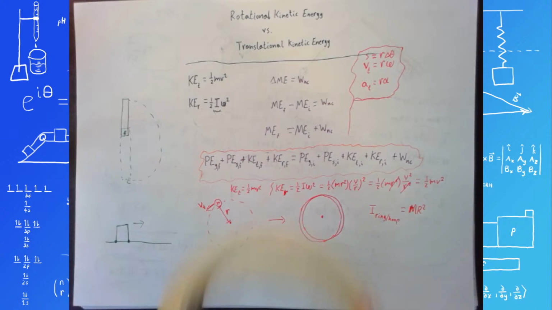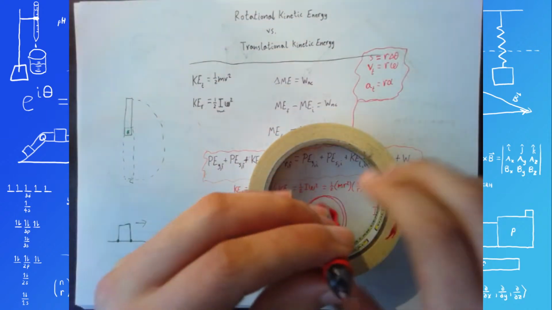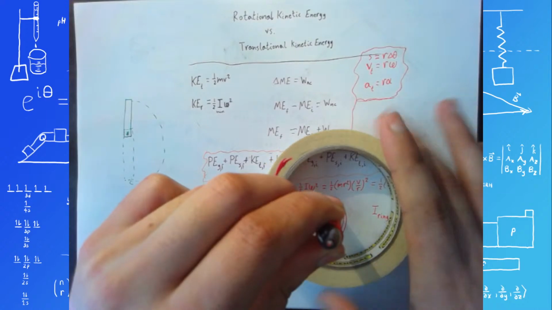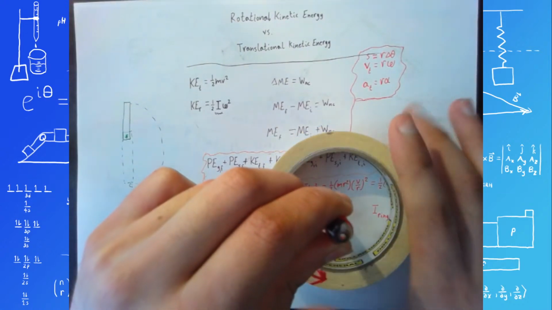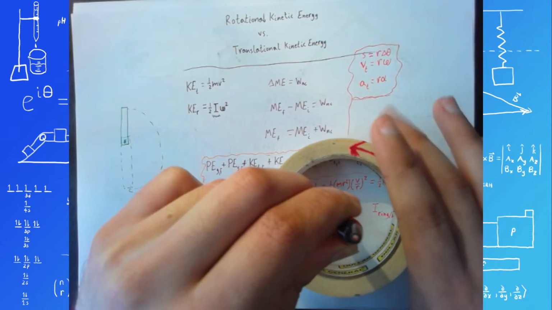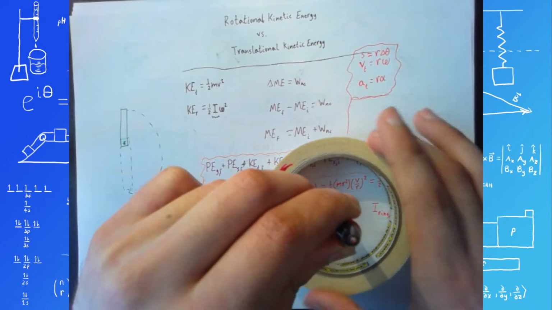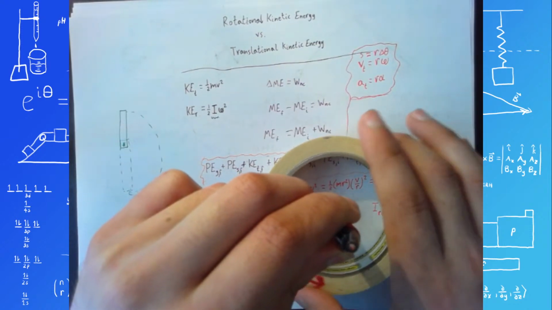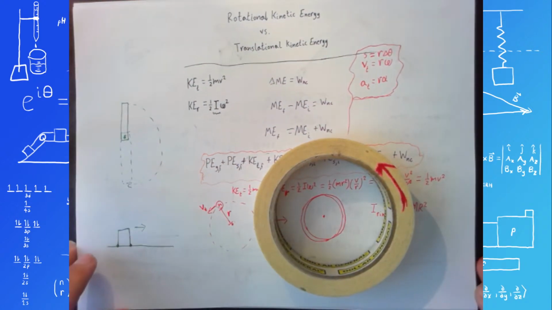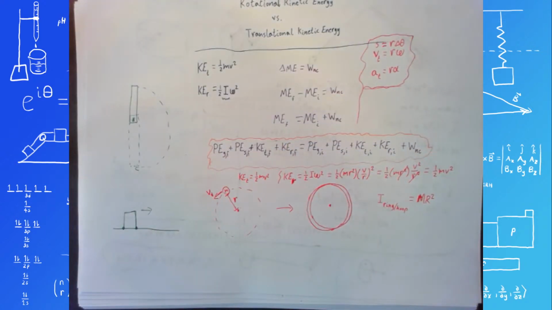A ring spinning in place like this. Well, again, because I'm not very precise with my hands, you see the ring moves a little bit, but if I was more careful with this, you would see it spinning in place.